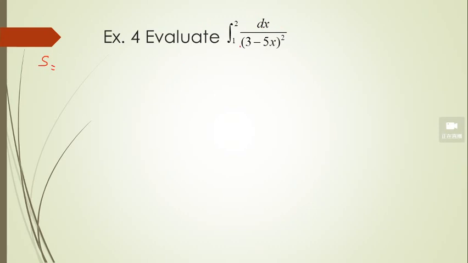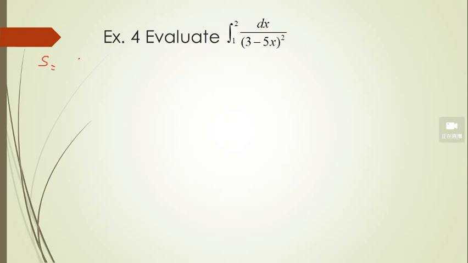The function is a fraction, 1 over 3 minus 5x squared, and the appropriate u can be the function inside the parentheses, 3 minus 5x. So it will be 1 over u squared, which is the same as u to the exponent minus 2, which is easier to find the antiderivative.